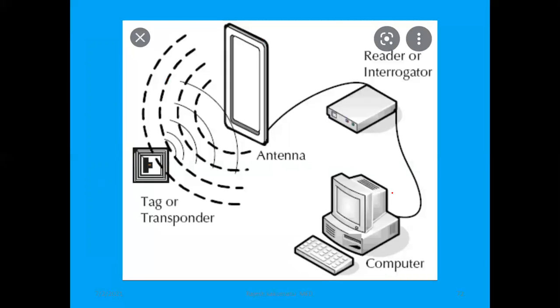Next, see how the process is going at the 3D location. You are having a computer or a laptop or a tab. Next, this is connected to the reader or interrogator, and this is connected to the antenna.